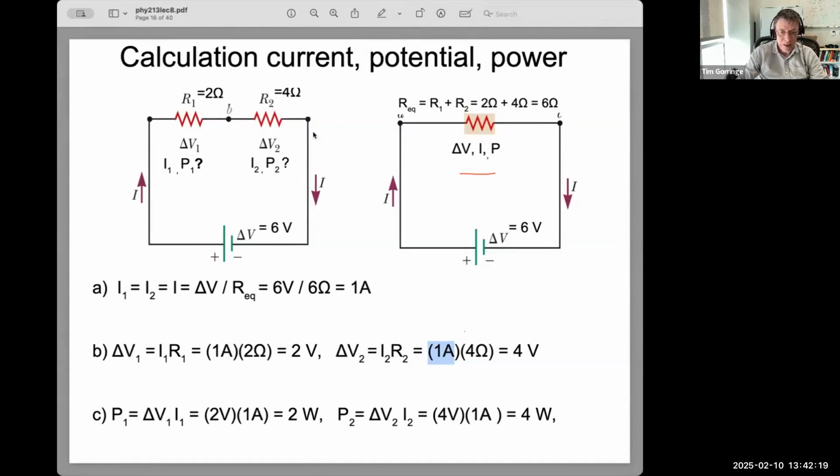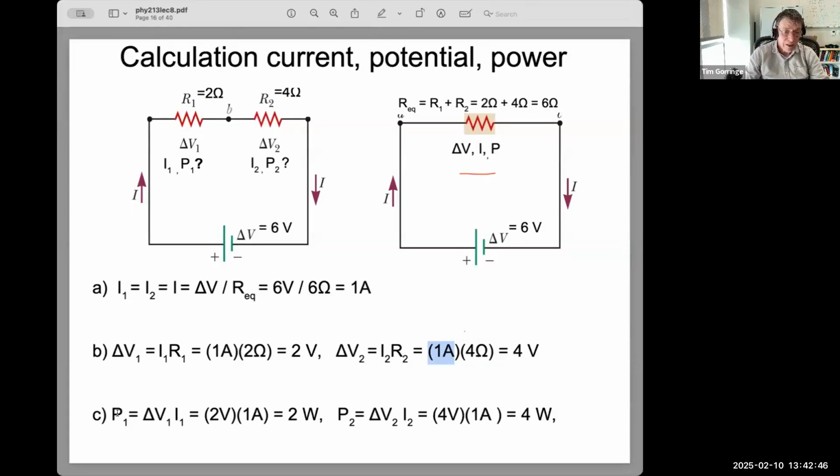So 1 times 4 is 4. 4 volts is the potential. You notice we got 2 volts across the first resistor, 4 volts across the second resistor. The sum of 2 and 4 is 6, which is the 6 volts supplied by the battery. It must be that way, that the full voltage of the battery is shared between these two resistors in some unequal way because they're unequal resistances.